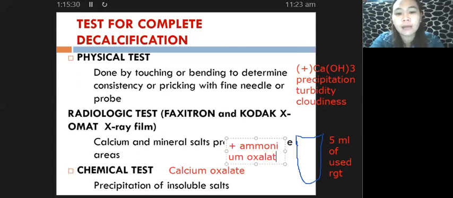You add 0.5 ml ammonium oxalate or 1% sodium oxalate. You allow the mixture to stand for 15 to 30 minutes, and after which you observe again for the presence of precipitation, turbidity, or cloudiness.